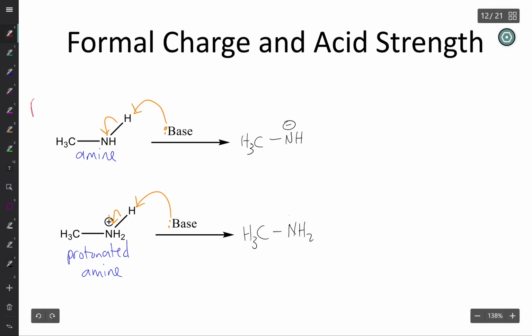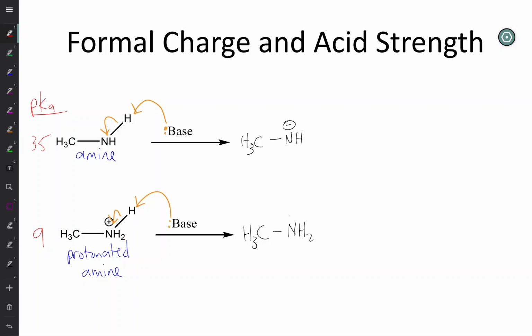If we look at the pKa values, does that hold true? pKa of an amine we already saw was 35. pKa of a protonated amine, 9. So that means protonated amine is much more likely to give up the H plus.